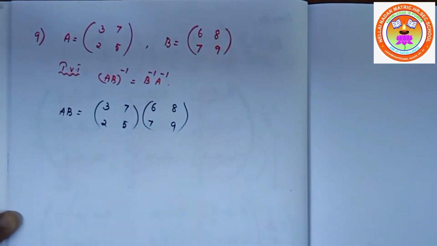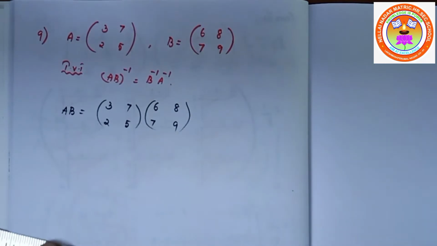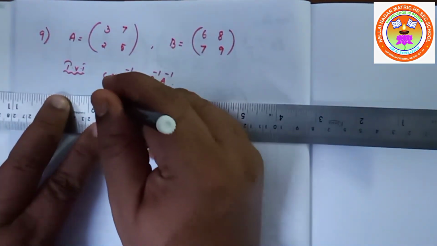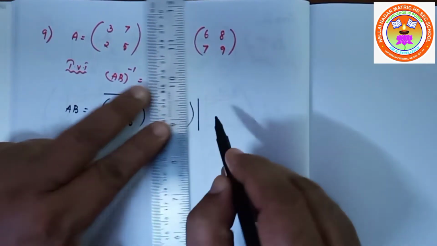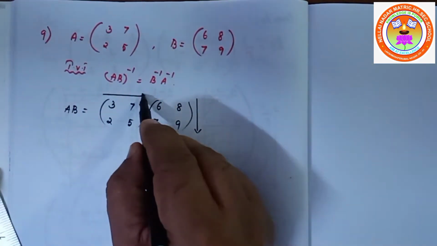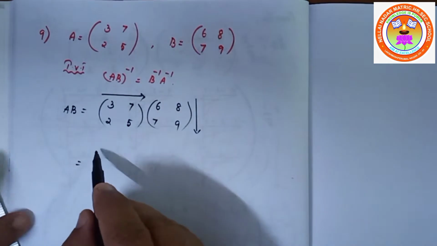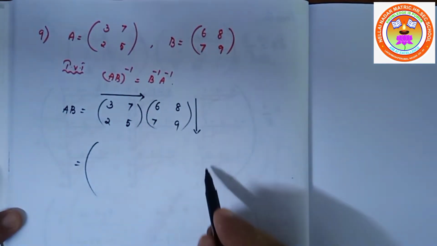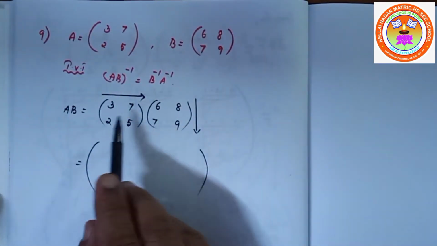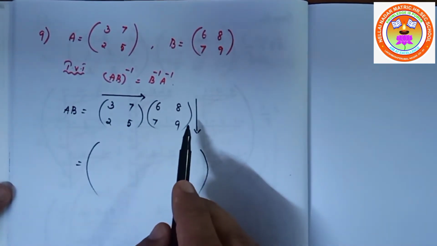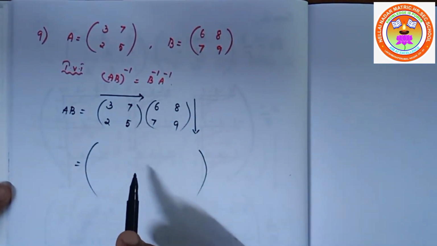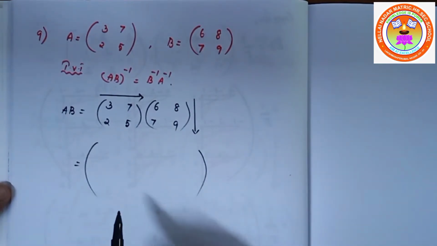So row by column multiplication. In the first matrix we have 2 rows, in the second matrix we have 2 columns. So the resultant matrix is of order 2 rows, 2 columns.